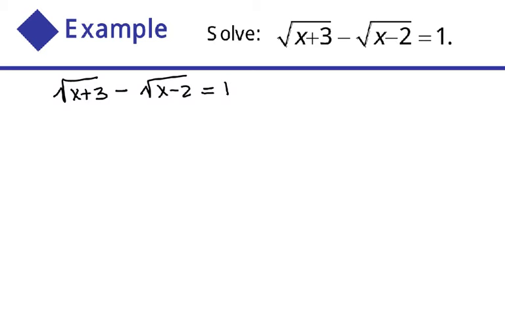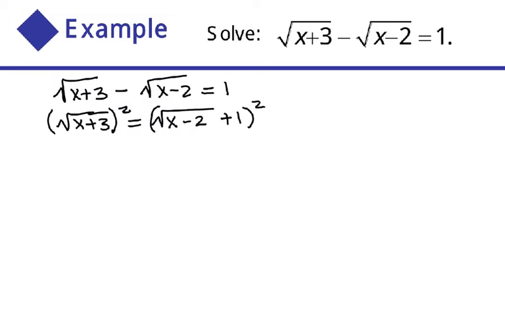So I'm going to start by isolating the square root of x plus 3 on this side, which means I'll move the square root of x minus 2 over to the other side, add it to both sides. And now I'm going to raise each side to the second power. This is a binomial squared.